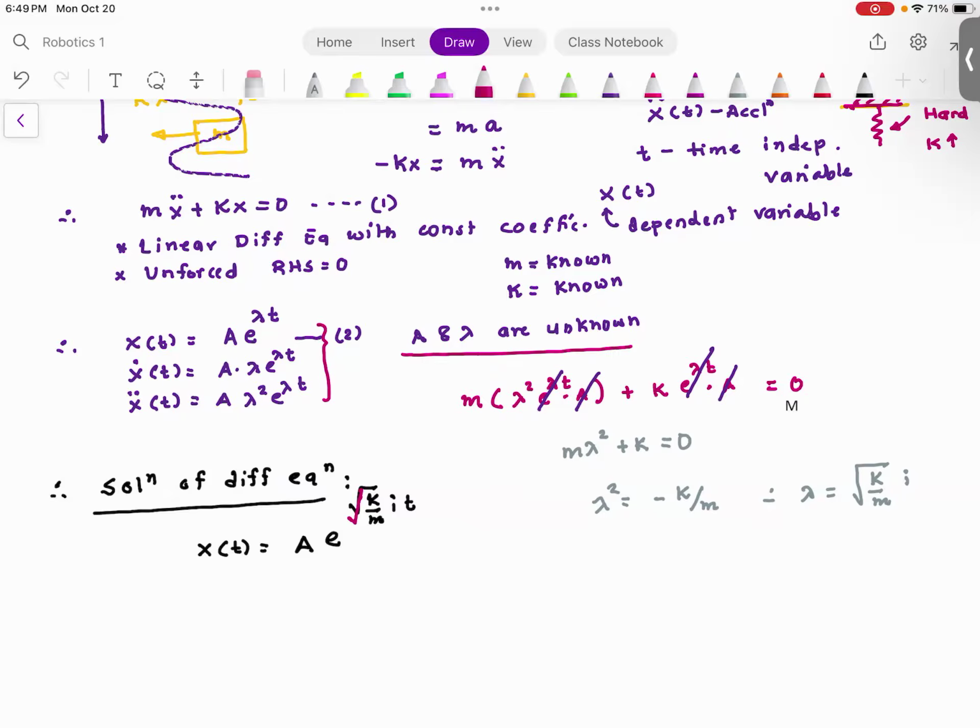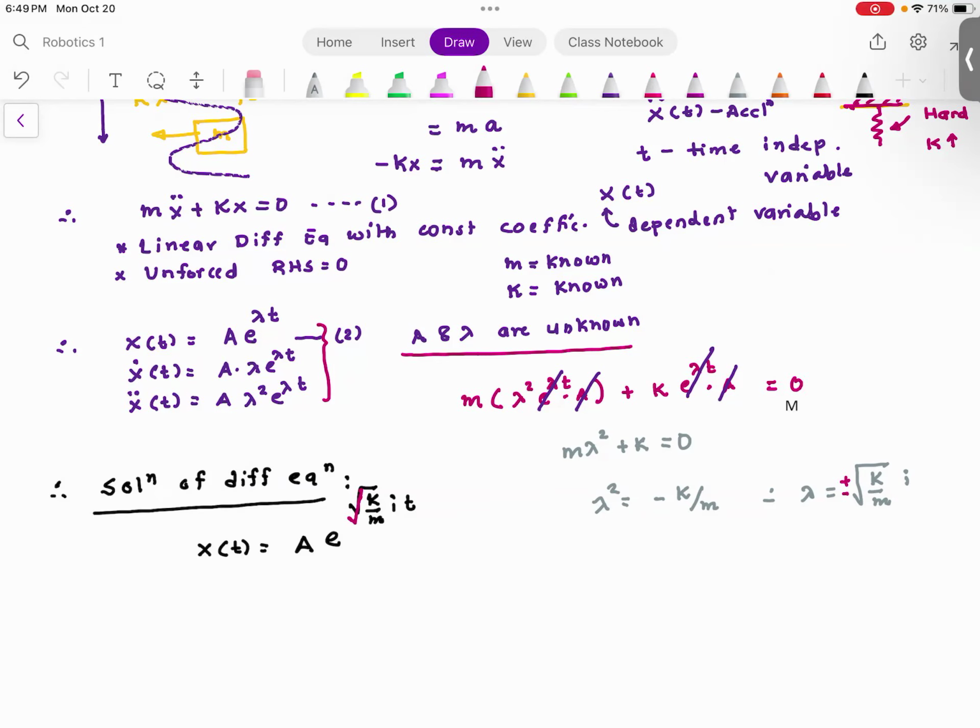Now, some of you may ask me, what happens here? Please note, there are two roots that are possible. You can have plus square root of k over m, or you can have minus square root of k over m.